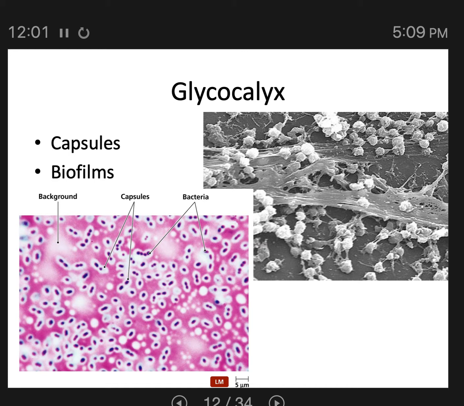Those phosphate groups are negatively charged. So your white blood cells, being animal cells, don't have a cell wall or anything like that. Their outer layer is the phospholipid bilayer. So the phospholipid bilayer is negatively charged, the glycocalyx is negatively charged, so they actually repel each other, like two mismatched ends of a magnet repel each other. So that's another reason glycocalyx helps a bacteria evade phagocytosis.